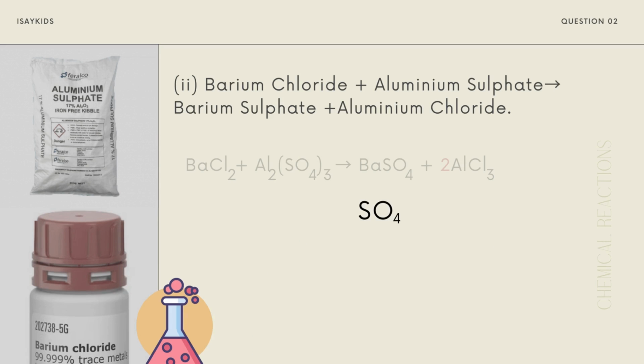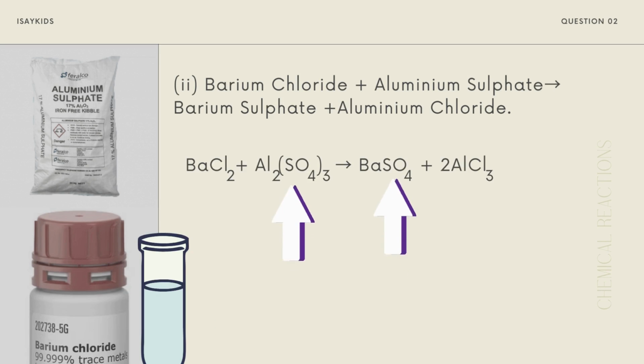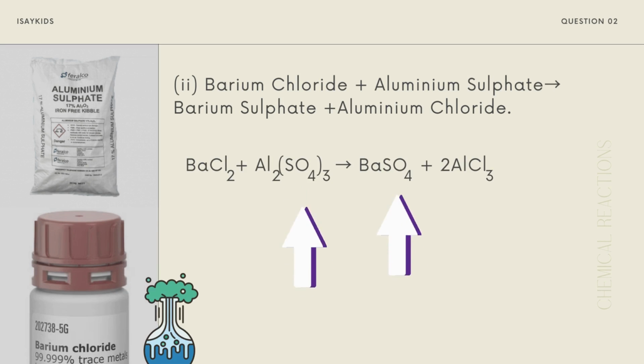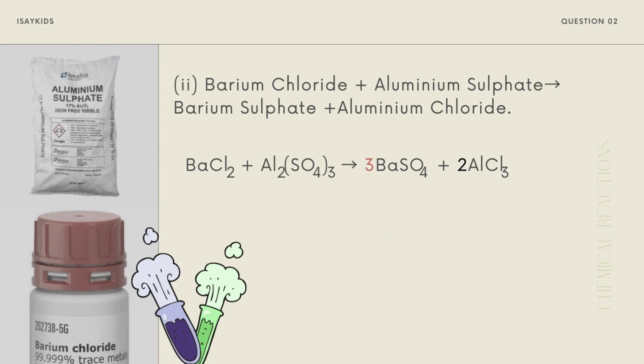To balance aluminium, take the coefficient of AlCl3 on the product side as 2. Now consider the set SO4 instead of S and O separately because it is present on the reactant and product side in the same form. There are 3 sets of SO4 on the reactant side and 1 set on the product side. To balance this, take the coefficient of BaSO4 as 3. So far, so good.